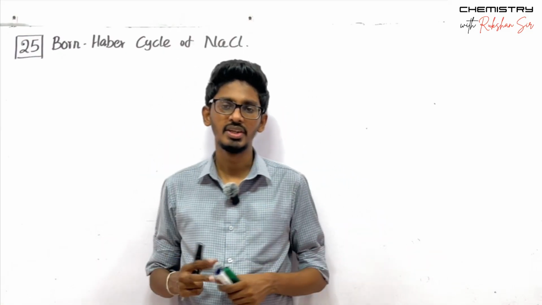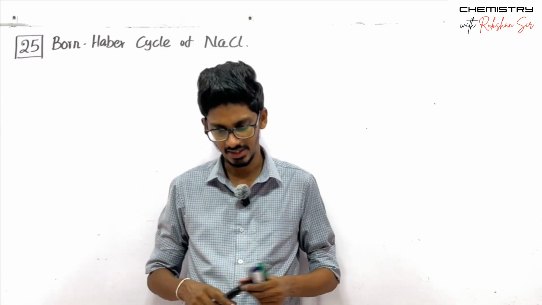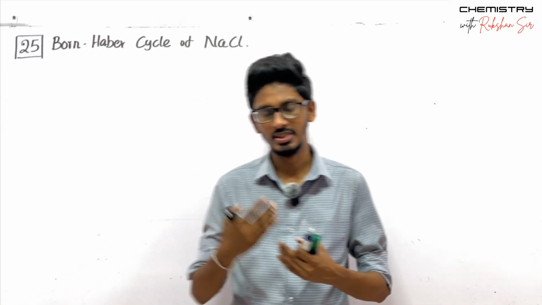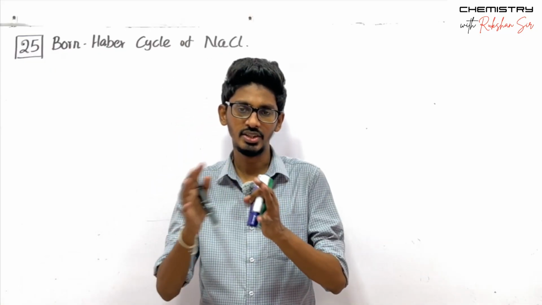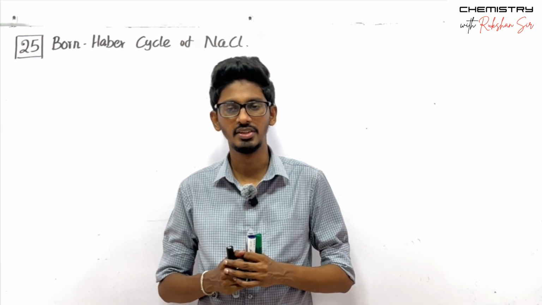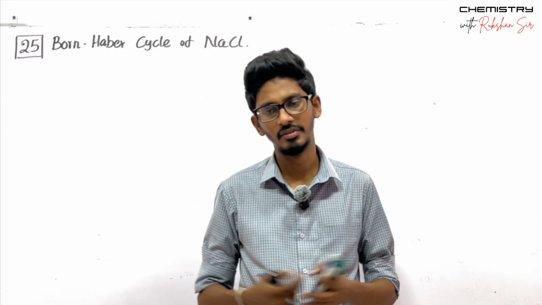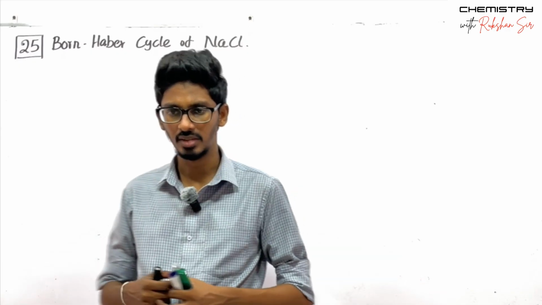In a Born-Haber cycle, the aqueous solutions are not there. Anyway, with the Born-Haber cycles, you do not come across aqueous states. So basically, the answer is answer number 1.